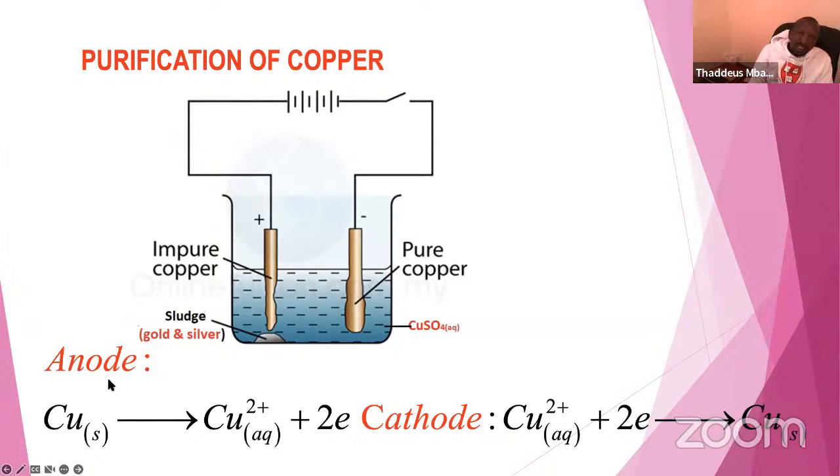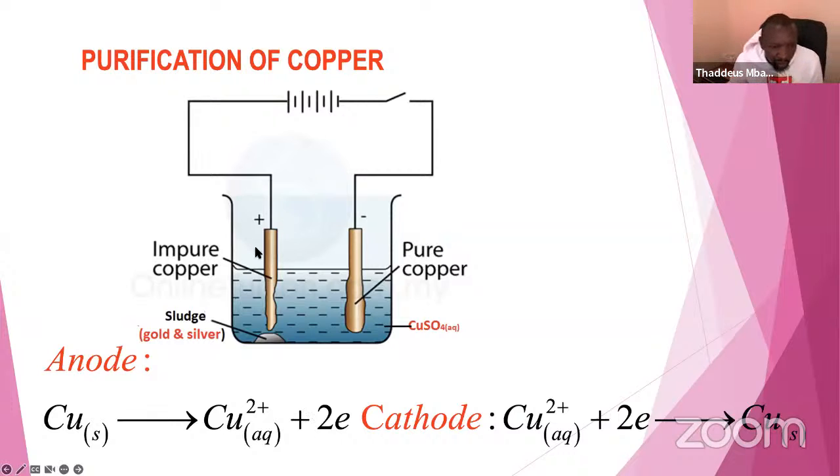In the anode, you may not be able to understand much because you have not done electrochemistry, although some classes have done electrolysis of aqueous solution. These are a little bit advanced. You'll be taught much of this. But here in the anode, the copper dissolves. The copper rod, which was impure, dissolves to form copper 2 ions plus 2 electrons.